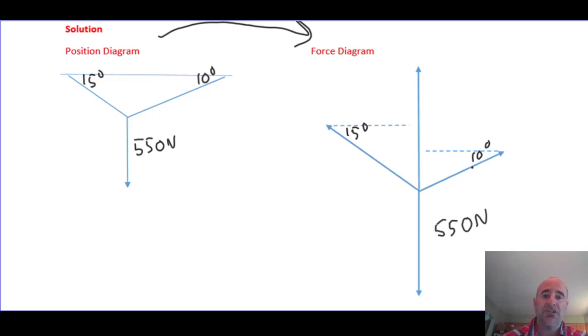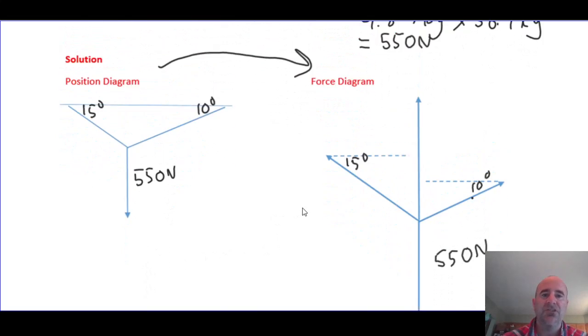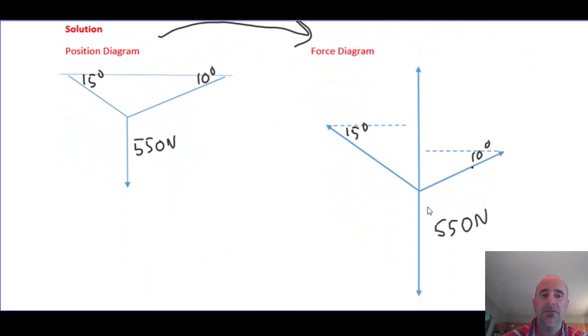Okay, now just like in the first example, there's no resultant force here. This sign is not coming crashing down. Okay, just like the student hanging in the gym too. So these two tension forces must sum to be the opposite in direction of the force due to gravity. So these two, when added, must give you a vector with the same magnitude as 550, but opposite in direction.